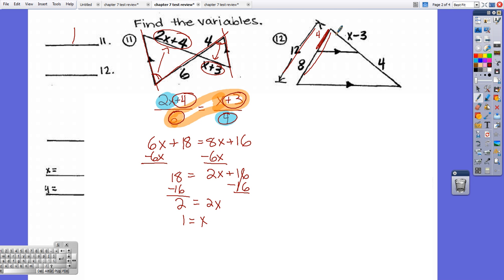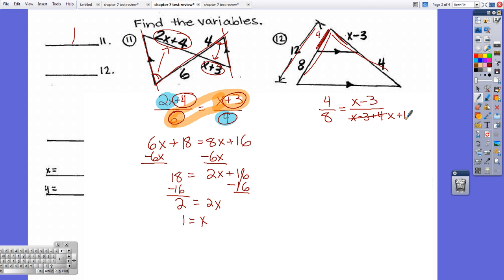So I have 4 over 8 equals x minus 3 over x minus 3 plus 4, which would really just simplify down to x plus 1. And then I'm just going to cross multiply.